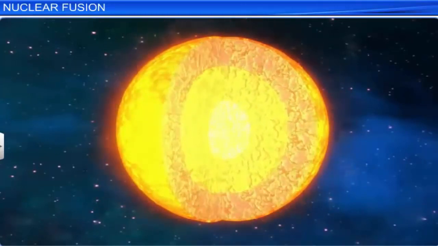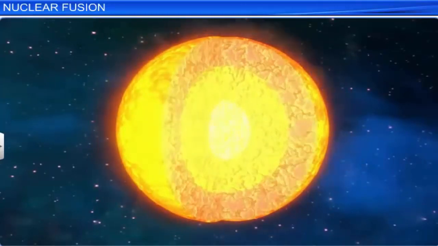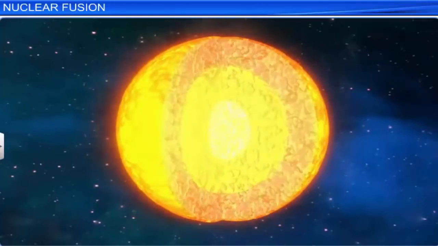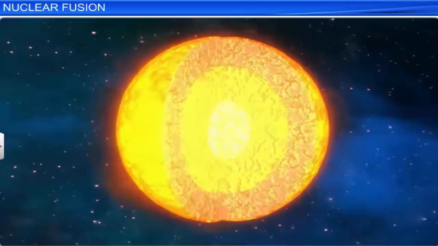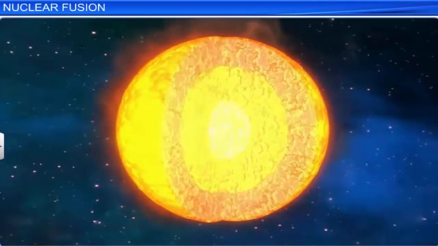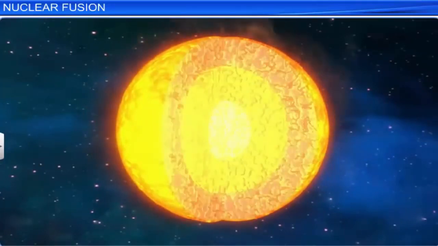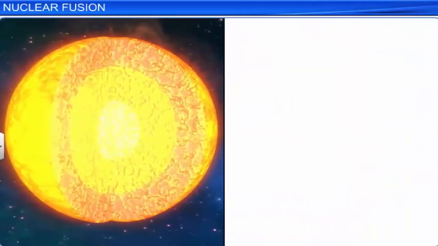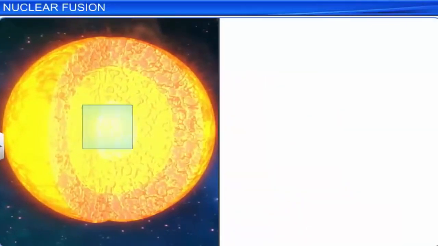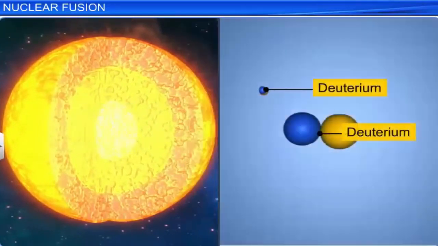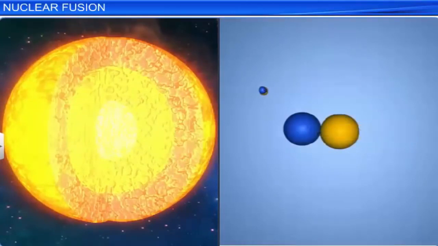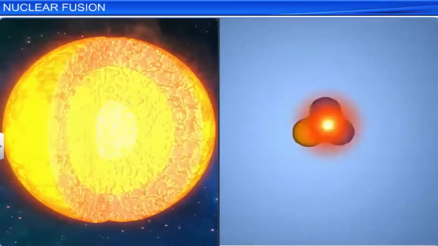Obviously, the fusion reaction taking place in a repetitive cycle forms the source for such continuous energy generation. In the nuclear fusion process taking place in the Sun, hydrogen nuclei fuse together to form the heavier helium nucleus and in the process release enormous amount of energy.